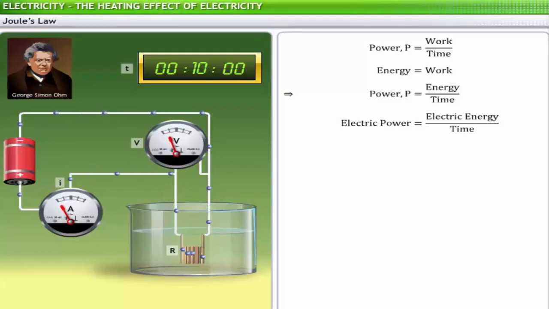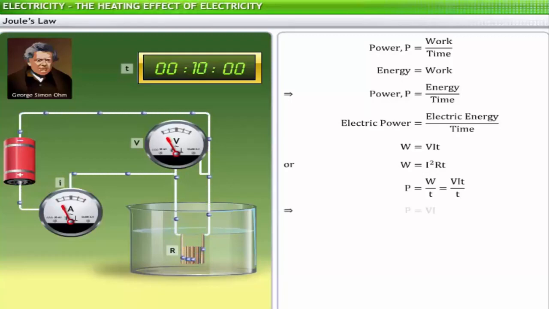We have seen earlier that electrical energy is expressed as W is equal to VIt, or W is equal to I squared Rt. Hence, electric power can be expressed as P is equal to VIt by t.